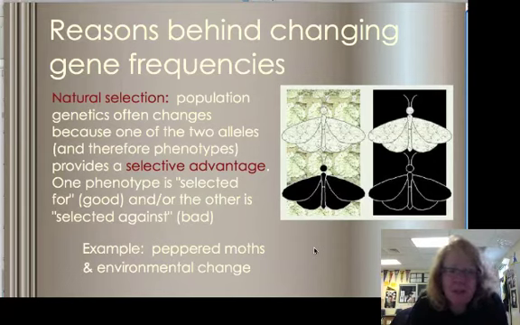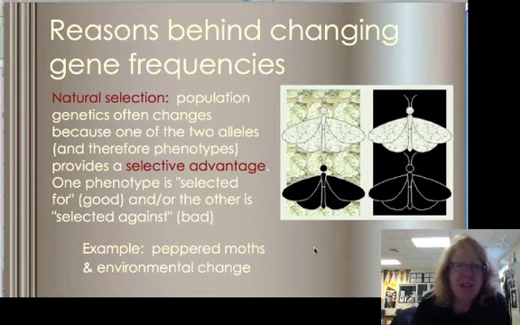When those peppered moths live in a nice clean environment, the white phenotype is definitely an advantage, but when they live in a polluted, darker environment, then the darker phenotype is an advantage. But keep in mind that what's an advantage under one circumstance or one population can change for another and can change over time, just like in the peppered moths. So that idea of a selective advantage is a selective advantage right now for this particular population. So that's one reason why they can change.